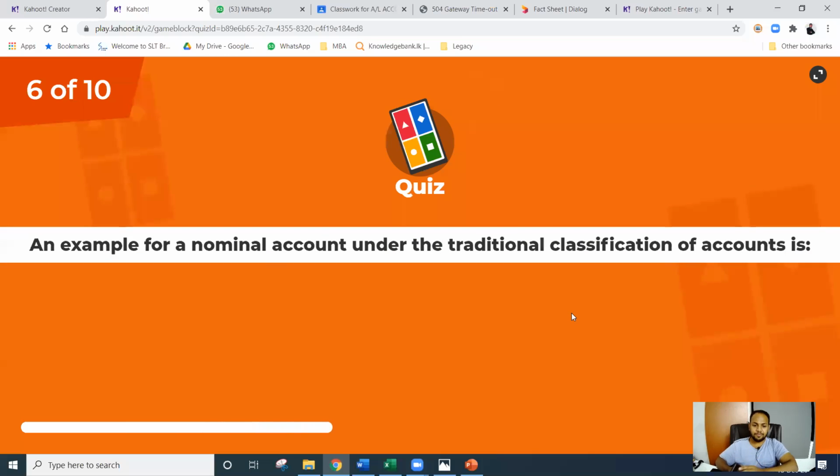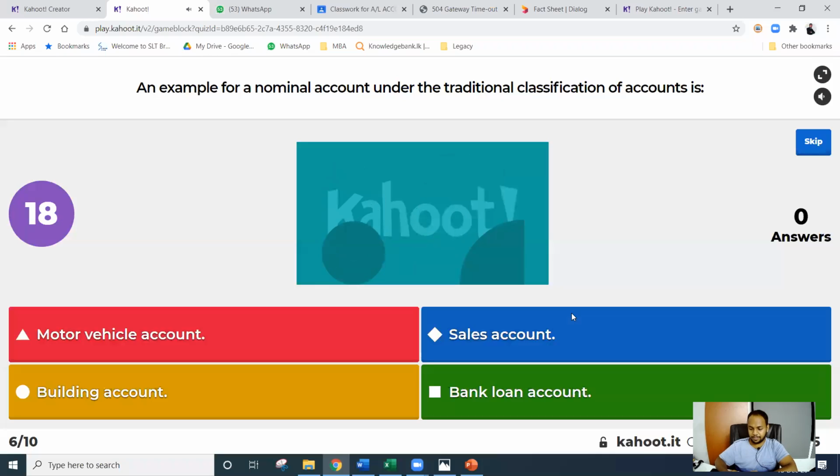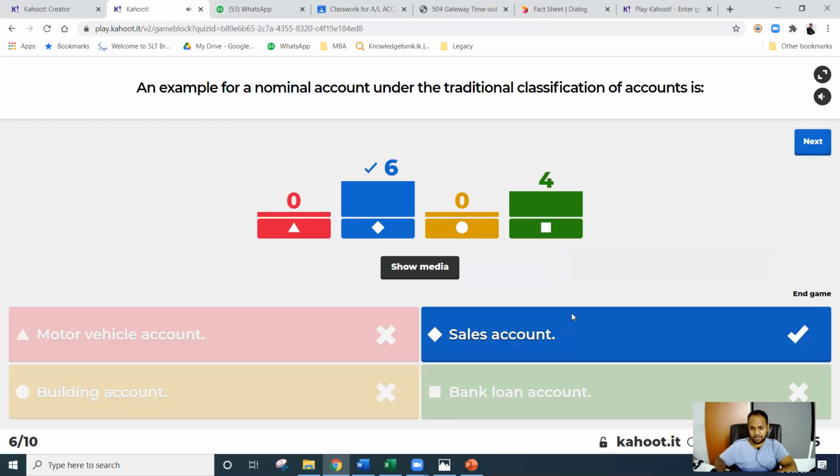Next, nominal account. Nominal account means income and expense accounts.